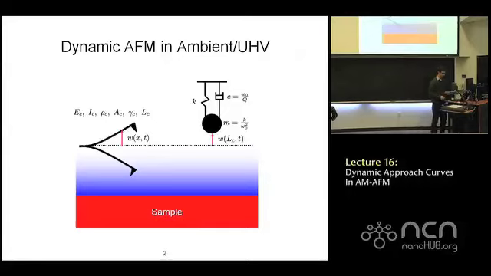Finally, the sample I've indicated here in red, and that represents repulsive contact forces when we contact the sample. But I should also note that in a non-contact regime, we're going to feel the effects of non-contact long-range interaction forces.